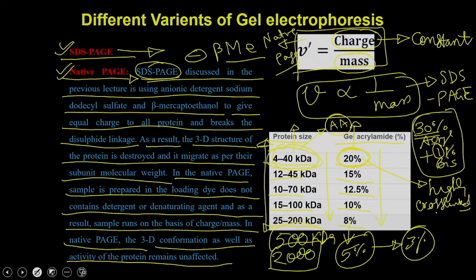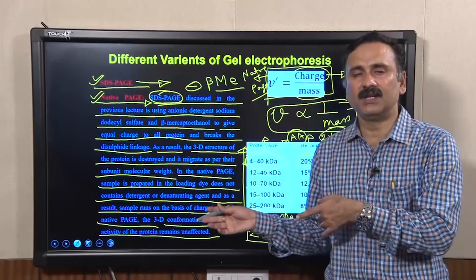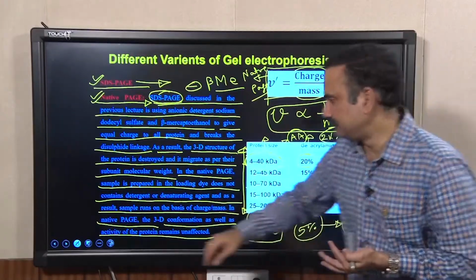If you have a very small molecular weight, you can use highly cross-linked gels with 2% or 3% bisacrylamide. Whereas, if you have a very high molecular weight protein, you have to use a combination of different gels, which we are going to discuss in a subsequent slide.